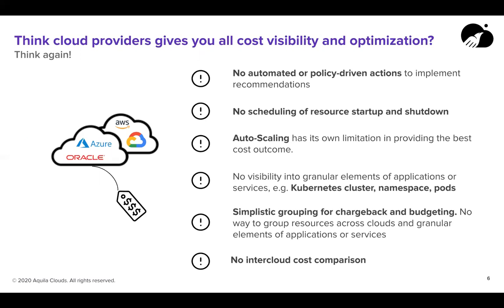I'm sure that in your organization, containers and Kubernetes are heavily used, and you want to know how much you're spending on each of the Kubernetes cluster, namespace, and pods, so that you can figure out your ROIs for your microservices-based projects, right?